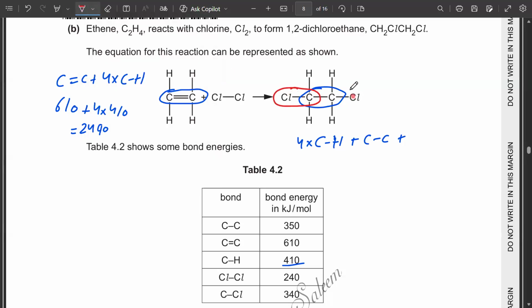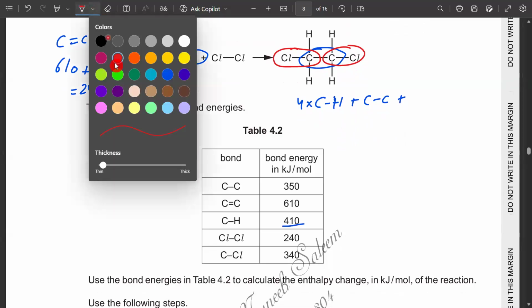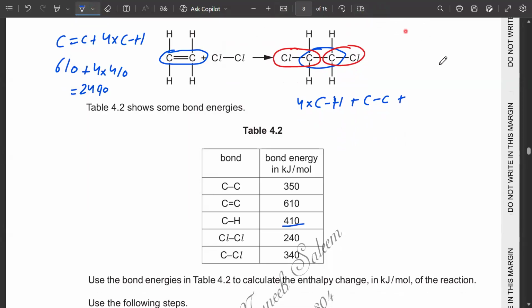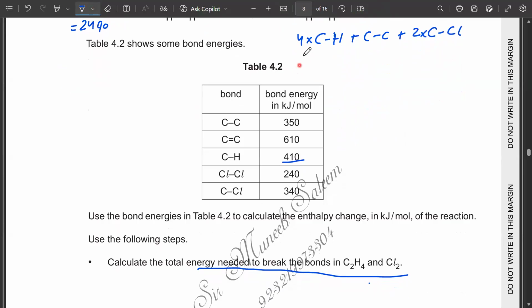So use the value from that table for C with Cl. So it is equal to 410 times 4 plus C-C bond is 350 plus 2 times the C-Cl bond, 340.